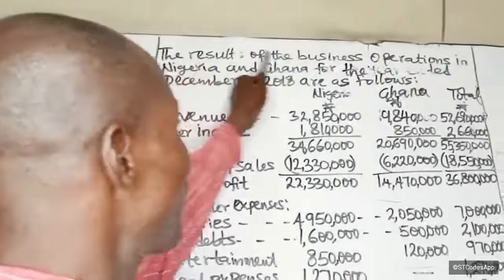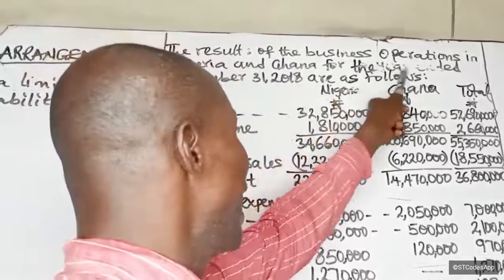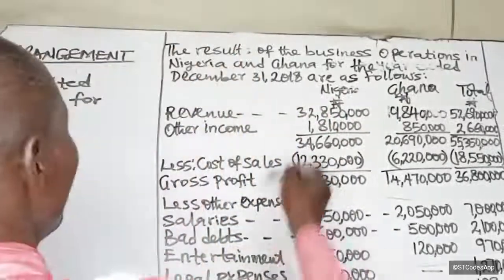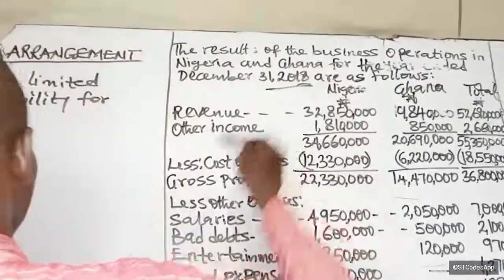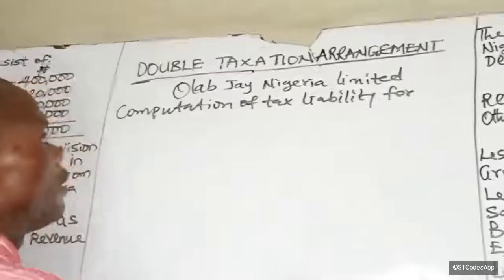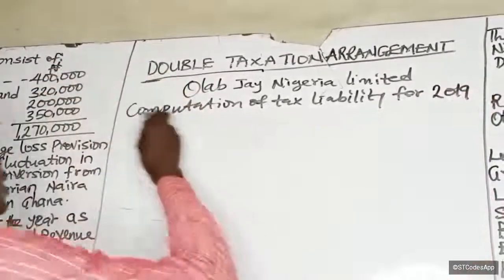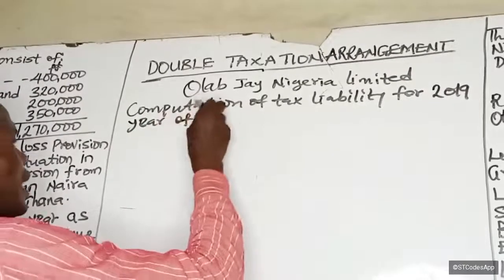You were told the result of the business operations in Nigeria and Ghana for the year ended December 31st, 2018. This is the year end of the entity. 2018 will be assessed in 2019. So we have the 2019 year of assessment.